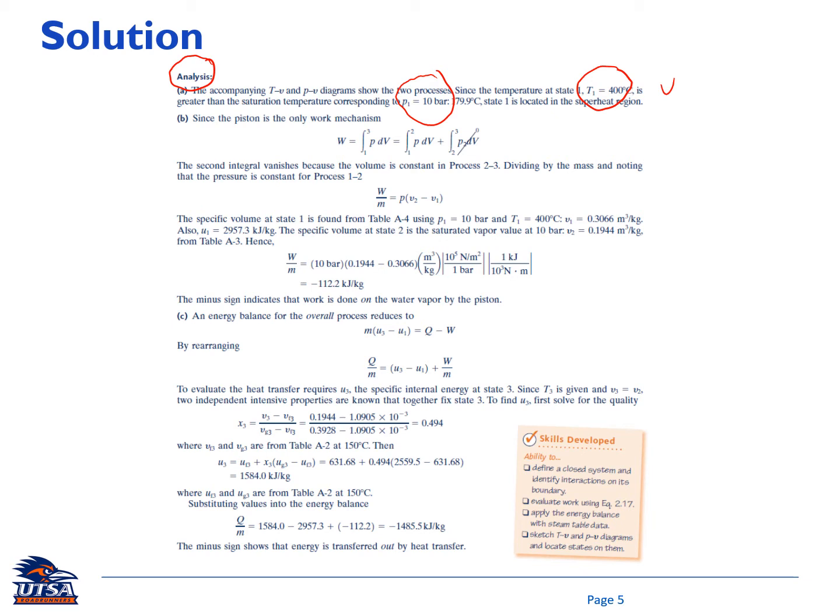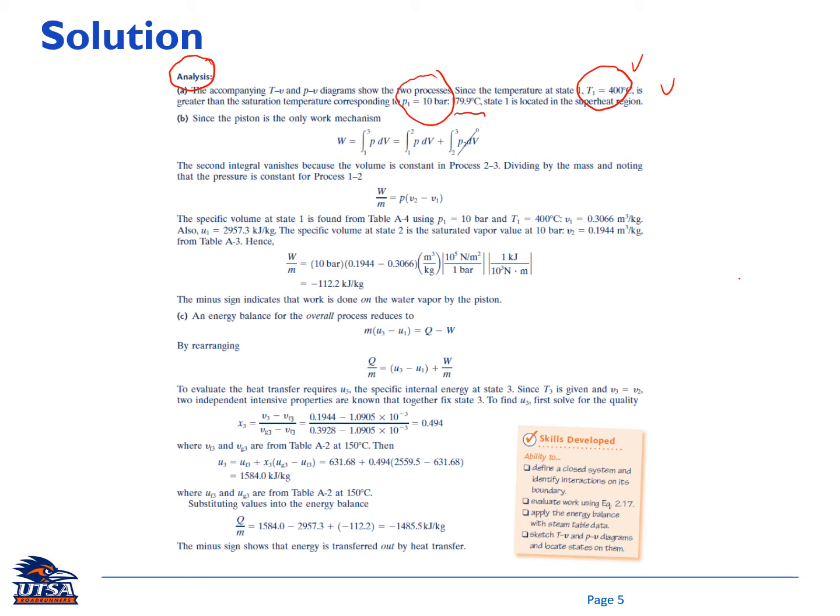Also shown here is that at 10 bar you have the corresponding saturation temperature of 179.99 degrees C, so it's way lower than the given temperature here, 400 degrees C. Therefore, state number 1 is a superheated condition, so it is located on the right side of the dome.